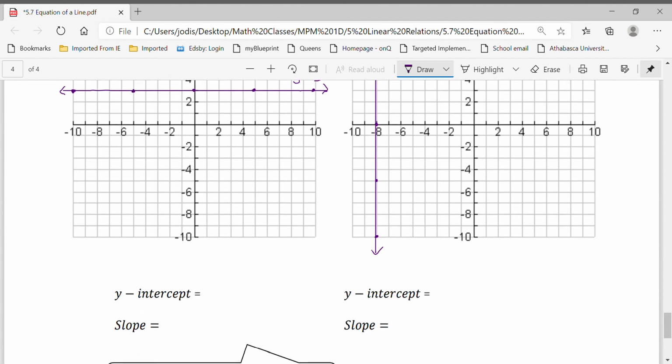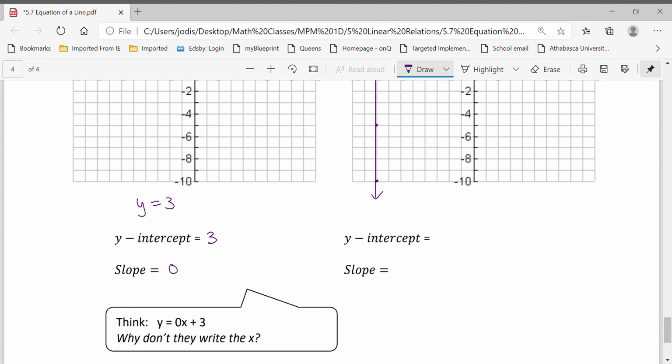So if we take a look here and answer some questions. For our first one, where our equation was y equals 3, our y-intercept is 3, but our slope is 0. So we would actually be writing y equals 0x plus 3. That's one way to write this. Why don't we write the x?